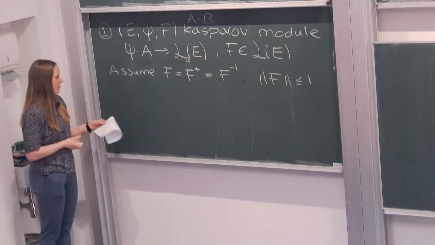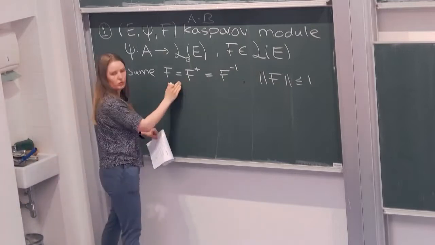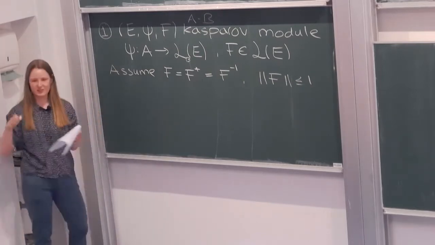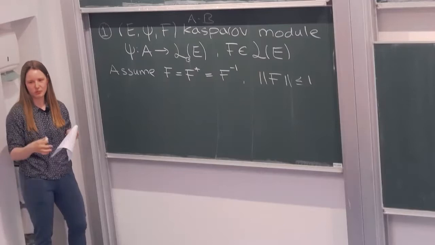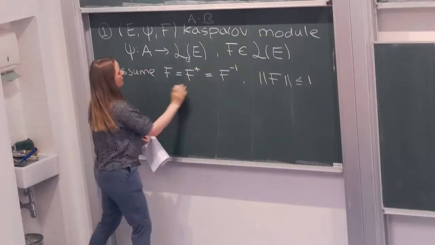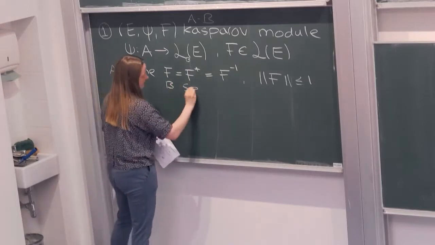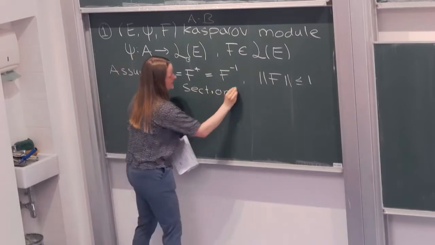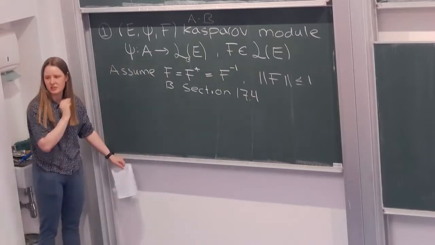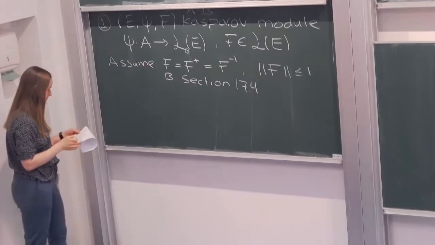This follows by some standard simplifications, which we can always do, by finding some other Kasparov module which will be homotopic to the one we start with. If you want a reference, I'm not going into the details, but if you look at the book by Blackadar, then in section 7.4, these standard simplifications are described. But now I will just assume that the operator satisfies this.